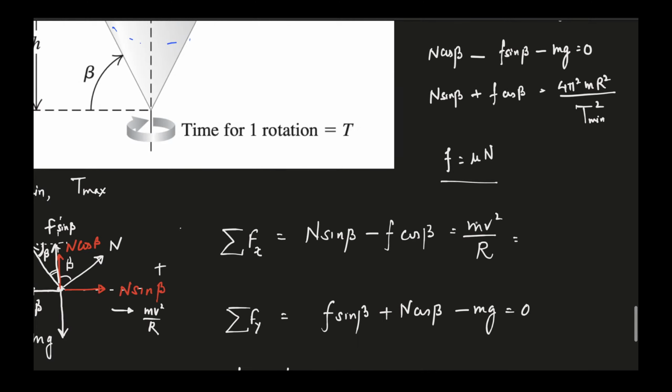Remember, mv square upon r is mr omega square, which is m r omega square. Omega square is 4 pi square upon T square. This will be T max. Here you won't get a square. Correction.